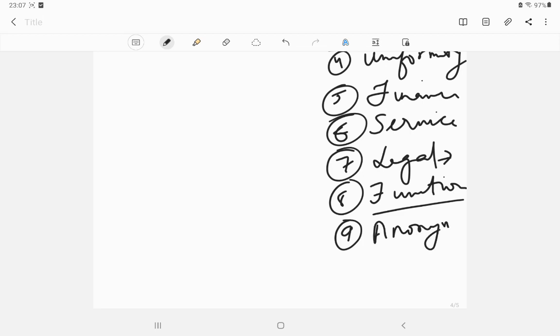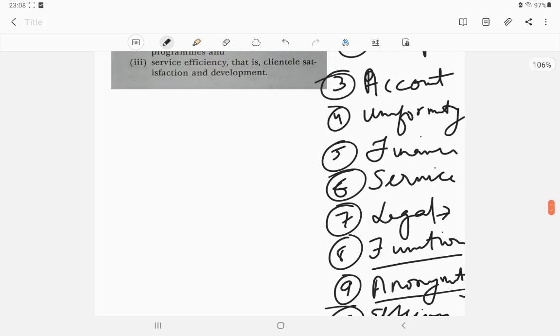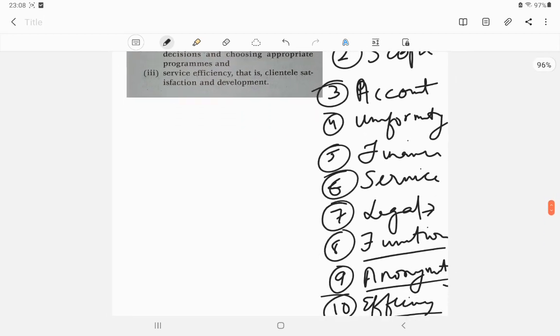Anonymity, at the end, is that the minister takes the name. Next, efficiency. Public administration is less efficient as compared to private administration. So these are the 10 points you can write for your exam.